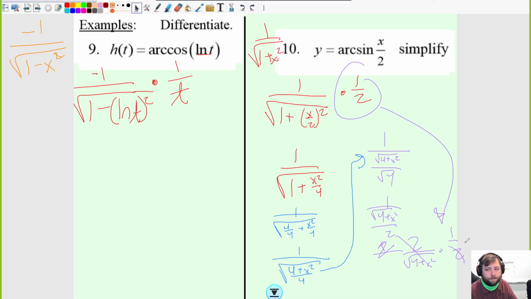Those cancel out, and you're left with 1 over square root of 4 plus x squared. So that's what they're looking for.